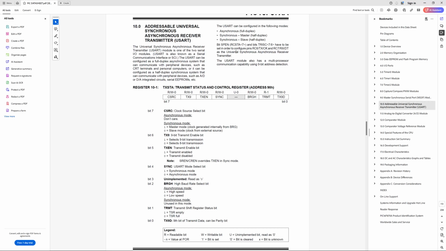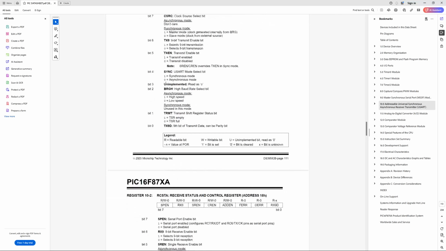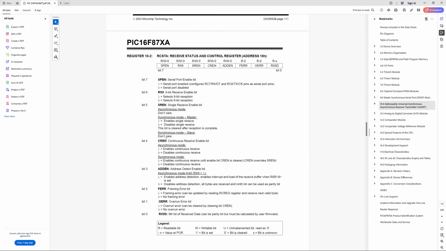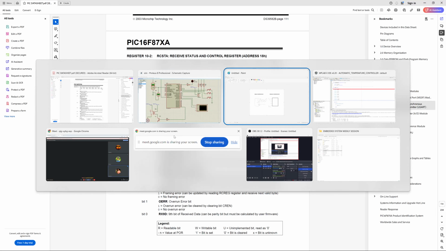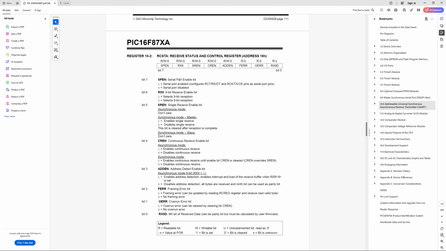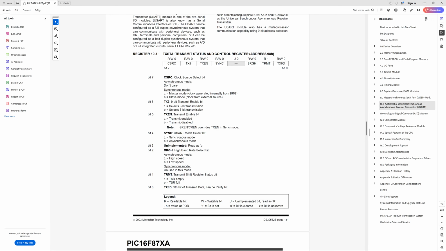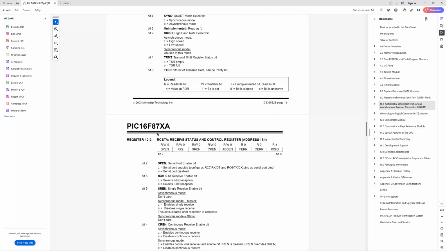There are two registers which need to be configured. In ADC we configure two registers, right? ADCON0 and ADCON1. Here it is TXSTA and RCSTA. One is TXSTA, the transmit status and control register, and another one is RCSTA.